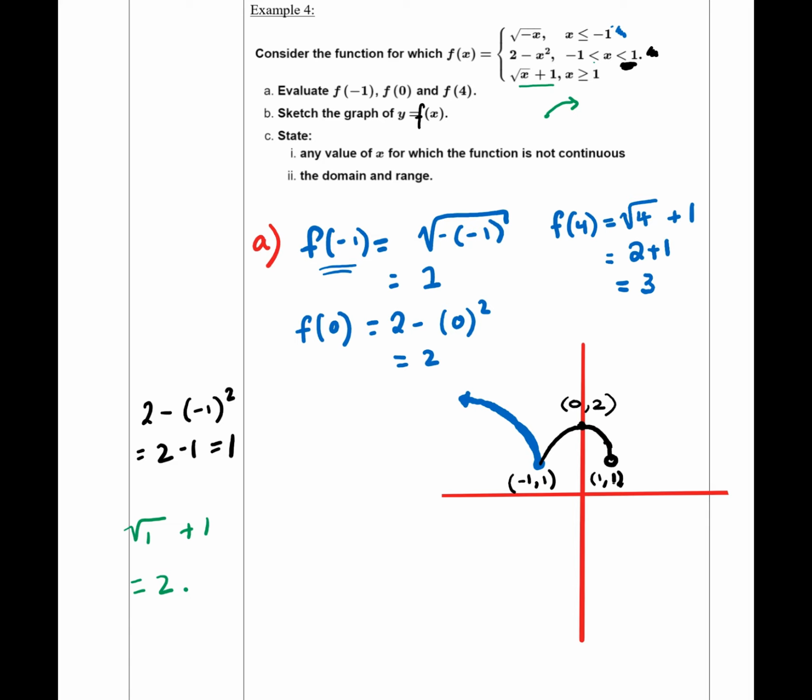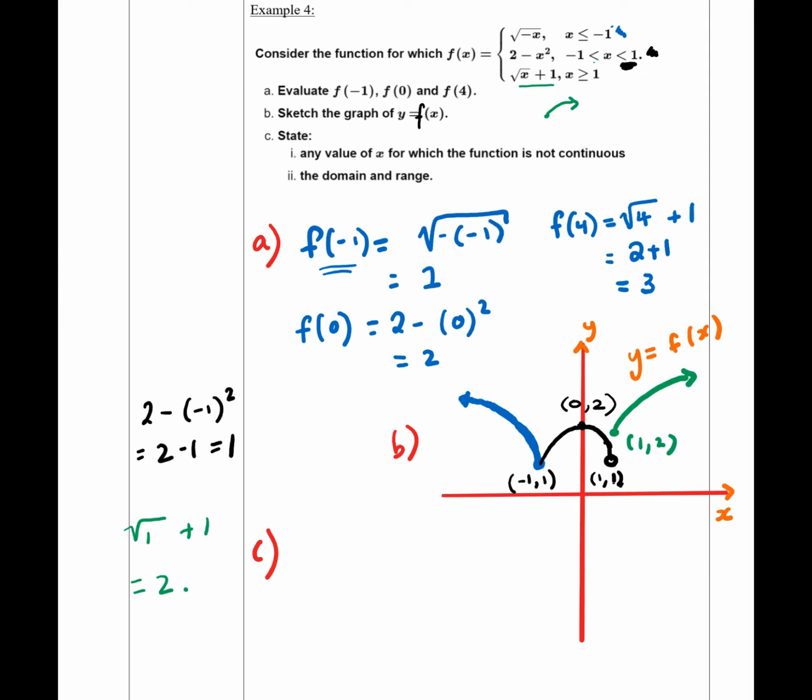We have a closed dot now at the point 1, 2, that's up here, and that's going to shoot off in that direction. Before we move on, we better label everything. So here's x, here's y, this is y equals f of x.